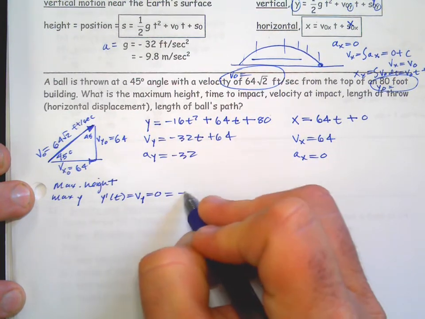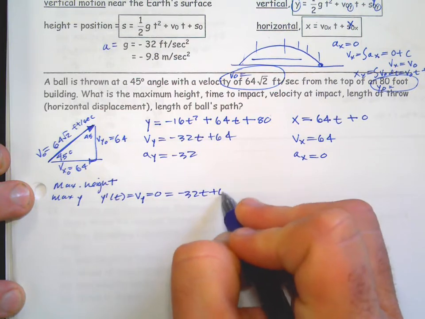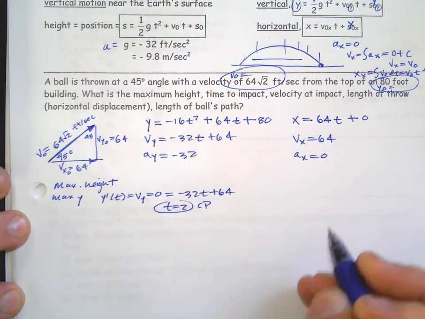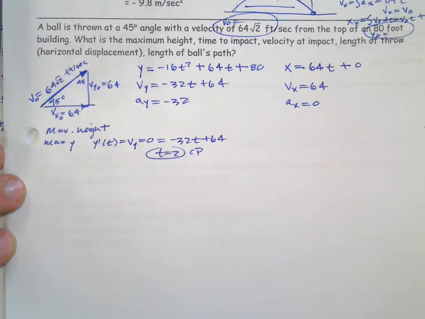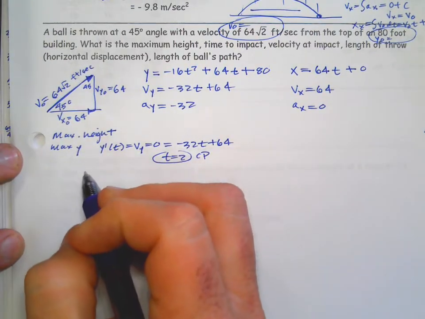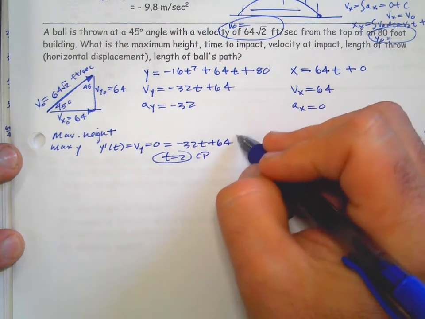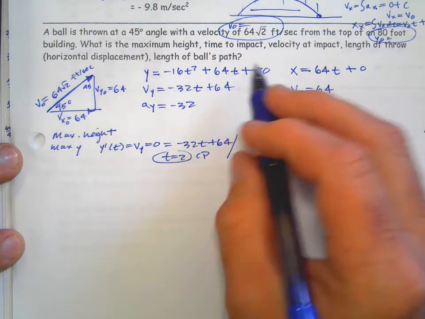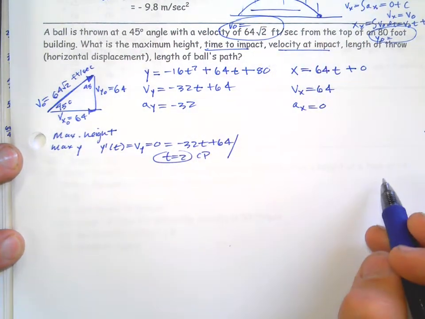It is negative 32t plus 64. So t equals 2 is a critical point. We also call that a turning point in motion problems. We need the endpoints. Time 0 is usually an endpoint, and then the other time would be time of impact, which we're going to need for other calculations.